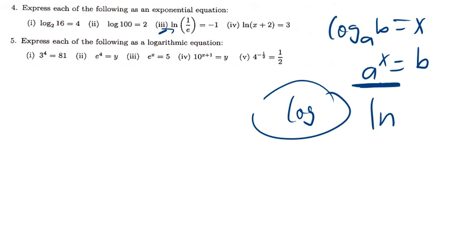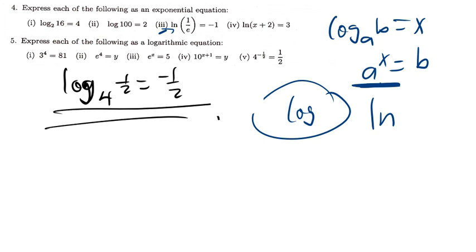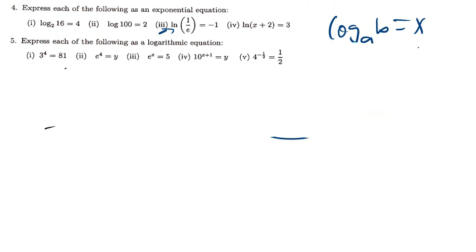Then the last one is going to be log with base 4, then outside there will be half is equal to negative half, like that. So that is it for question 4 and question 5.